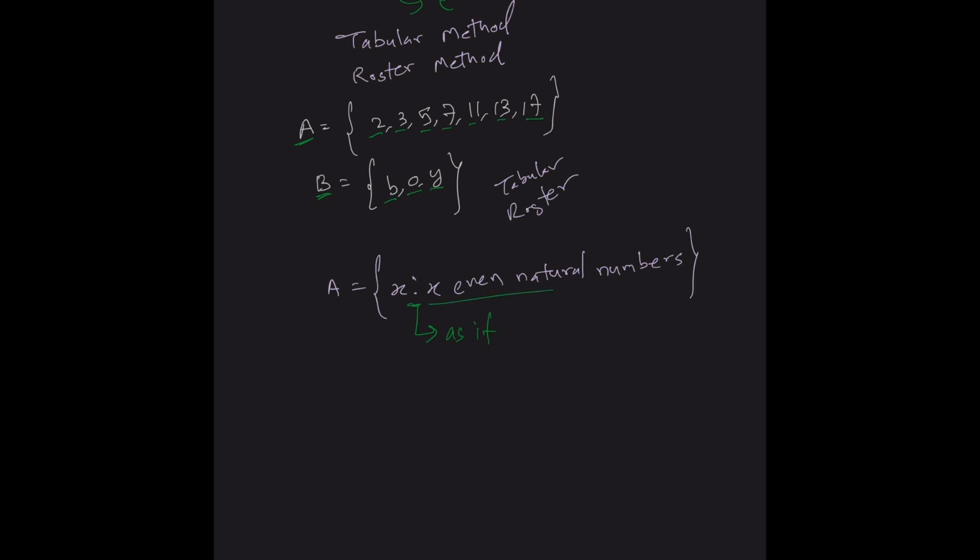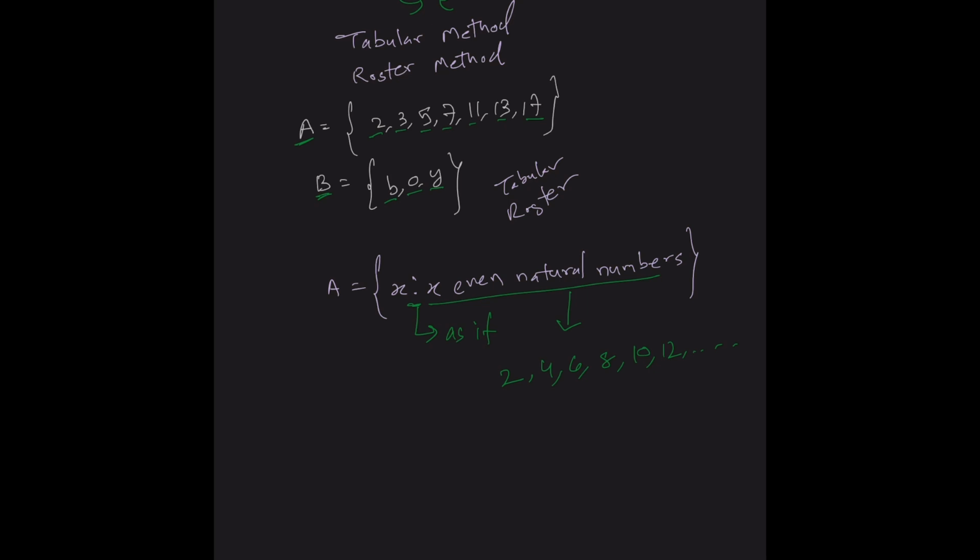What are the even natural numbers? They would be 2, 4, 6, 8, 10, 12, and so on. So A would be a set that consists of the elements x, where x is an even natural number.